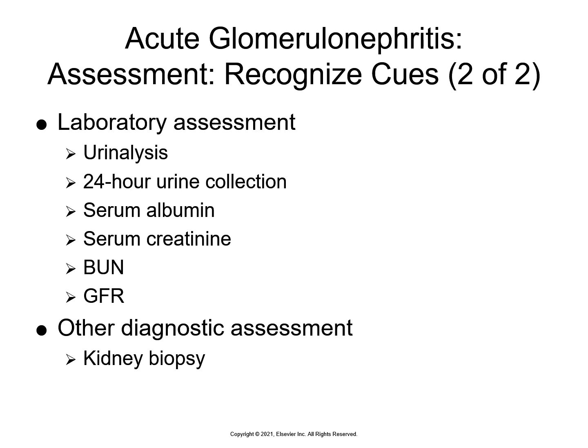Your laboratory assessment, we talked about a little bit. You will find protein and blood cells in the urine if they have acute glomerular nephritis. In some cases, they have to have a 24-hour urine, and they will assess the 24-hour urine creatinine, and also they will do a serum albumin because they will be losing their protein.